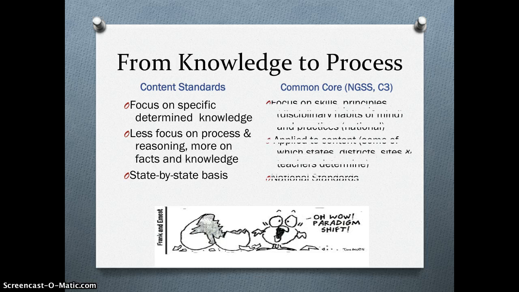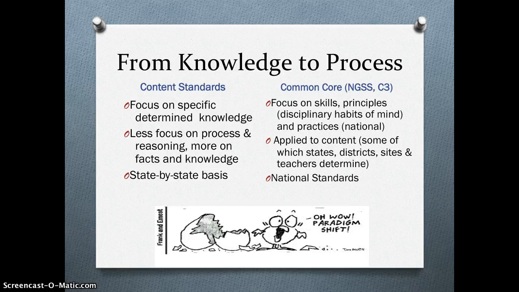In contrast to the knowledge-based standards we've been operating under, the Common Core, along with its science and social studies companions listed here, emphasizes specific skills, principles, also sometimes referred to as disciplinary habits of mind, and practices. The Common Core is a national set of standards designed to help us compare apples to apples, both across the United States and around the world.